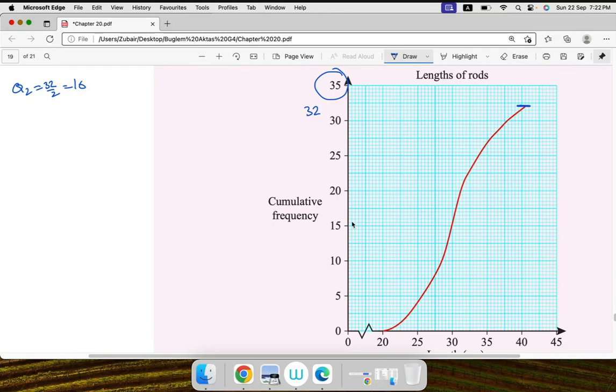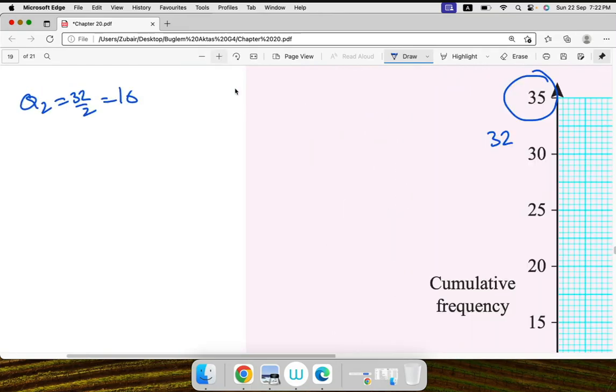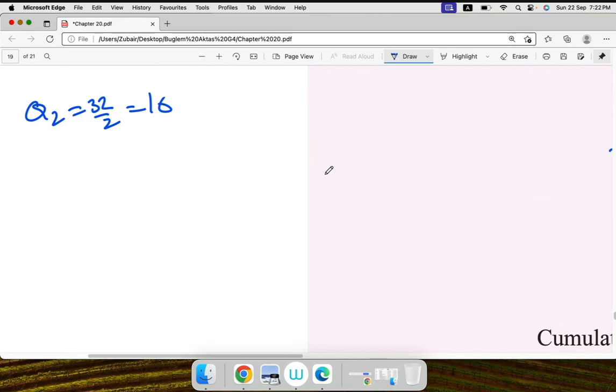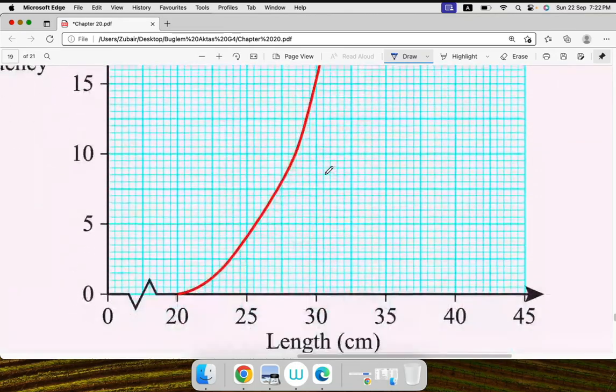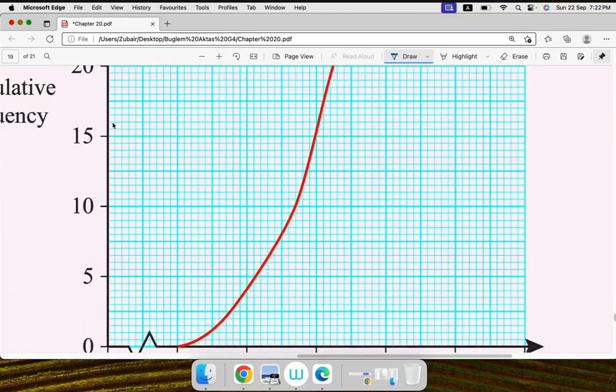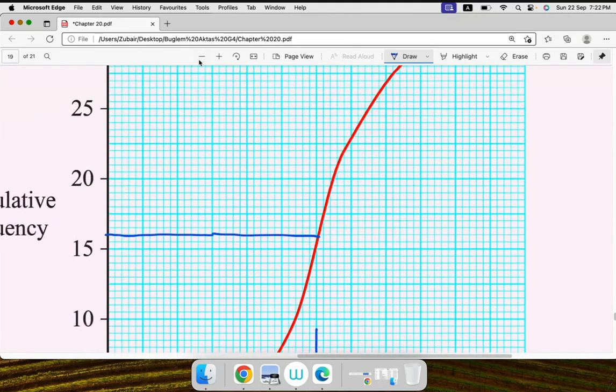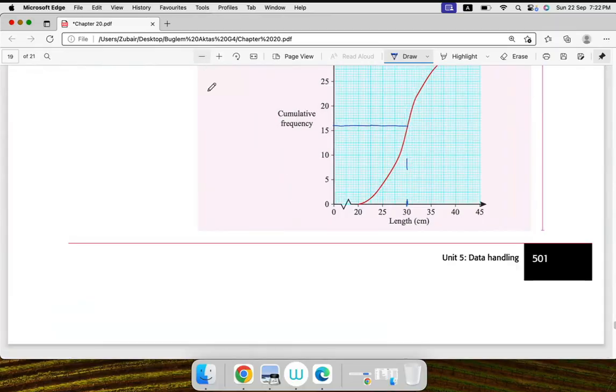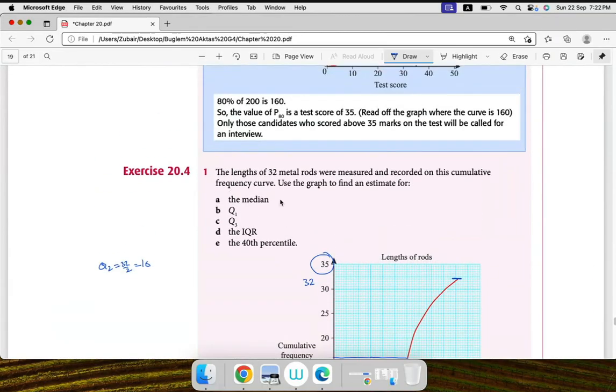So we read it. Let me just zoom in. After the two boxes, that's 16, and it hits at this point, which is 30. So my median is 30.